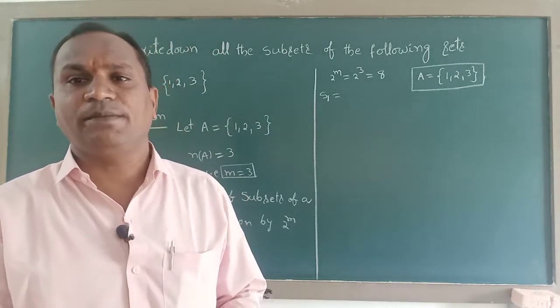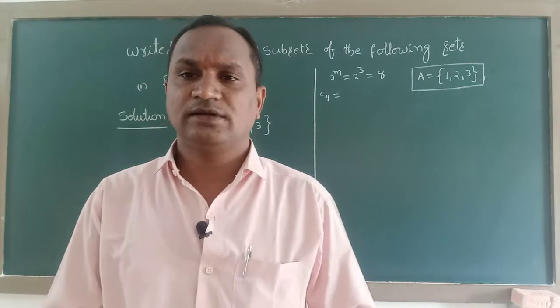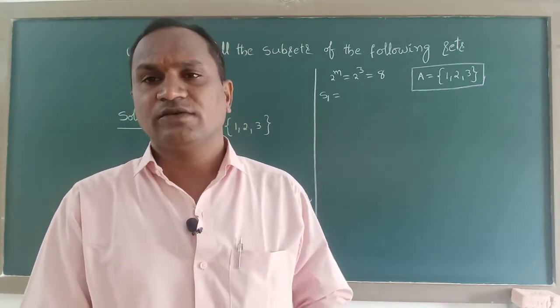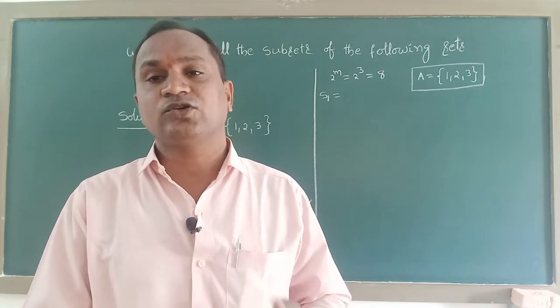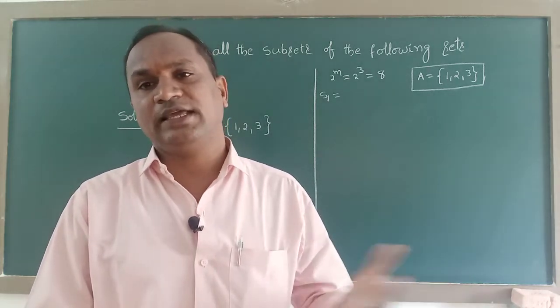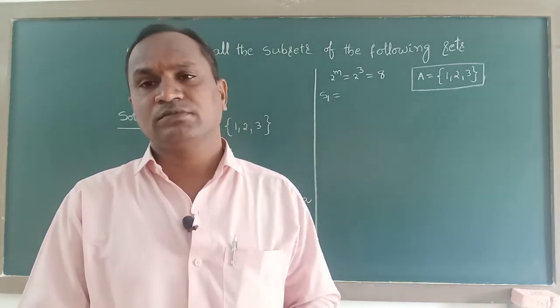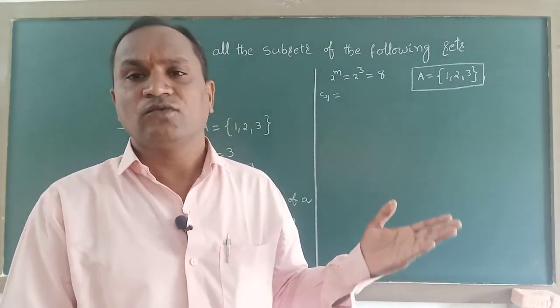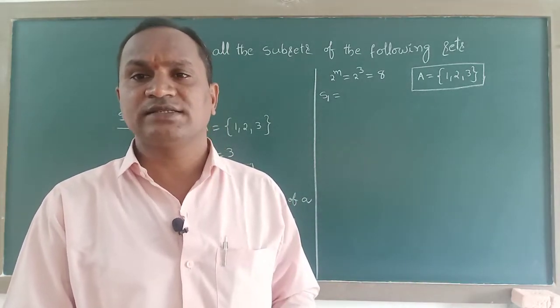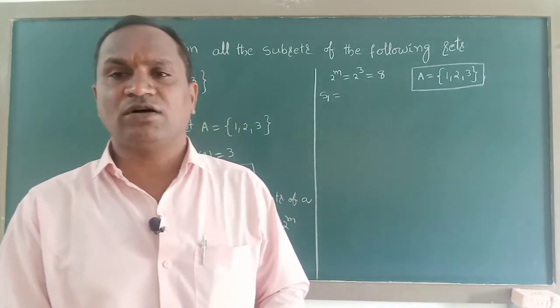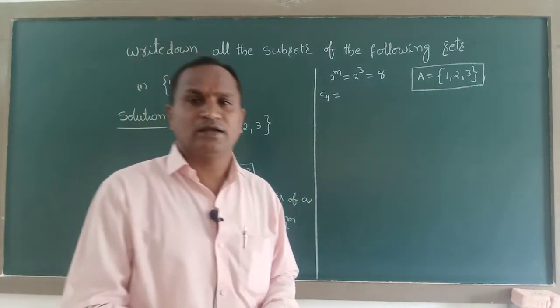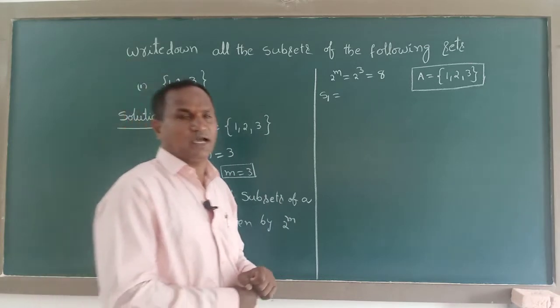Selection of elements is very important here. They gave 3 elements, so first take 1 at a time, next take 2 at a time, last take 3 at a time. Taking 4 will not come here because the set contains only 3 elements. First, take 1 element at a time.